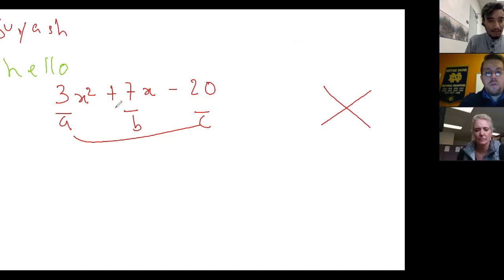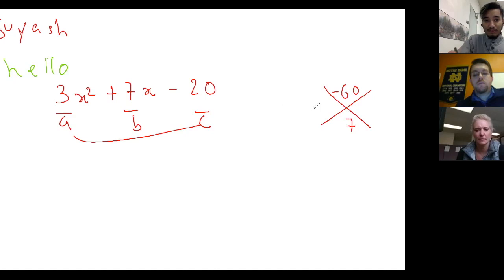When we multiply positive 3 and negative 20, we get a negative 60. Apologies for writing over it. So we get a negative 60. And now we put the B term right at the bottom of it. That's a 7.